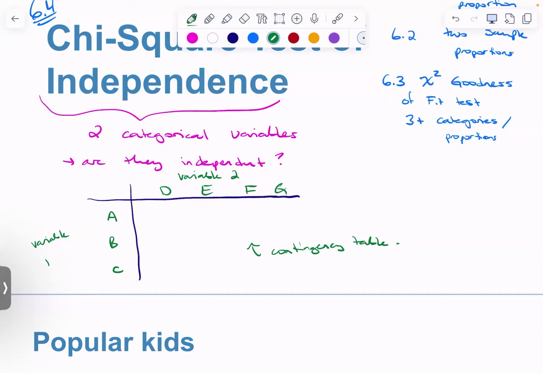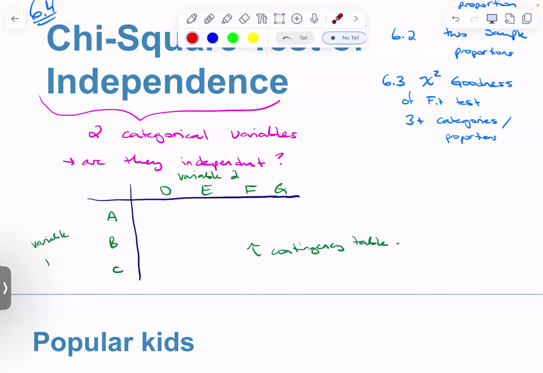What we might want to know is, how people vote and how they feel about climate change, are they independent of each other? Or is the opposite more likely to be true, that they depend on each other? Now we'll finally have a hypothesis test that lets us answer that.